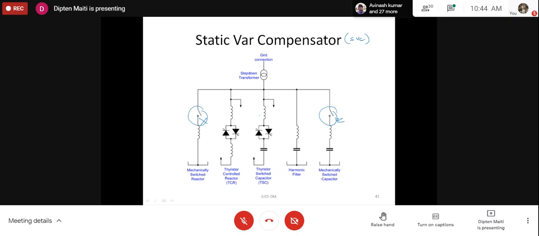However, if we use power electronic components, mainly SCRs here also, those can be removed and we can turn the SCRs on and off very easily. That way this makes the system more compact and efficient also.